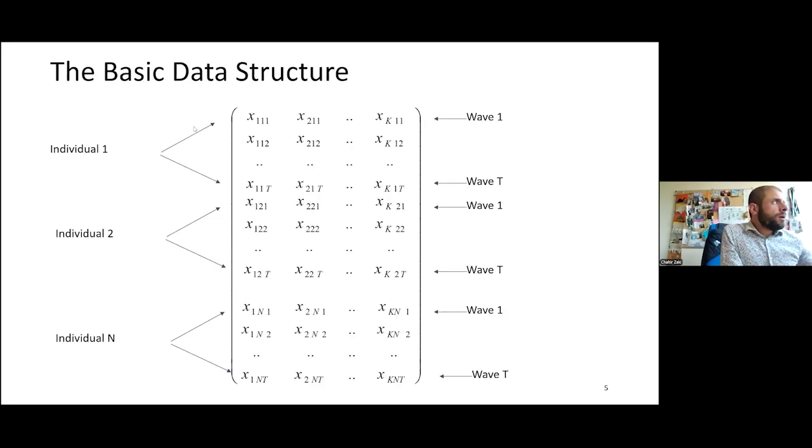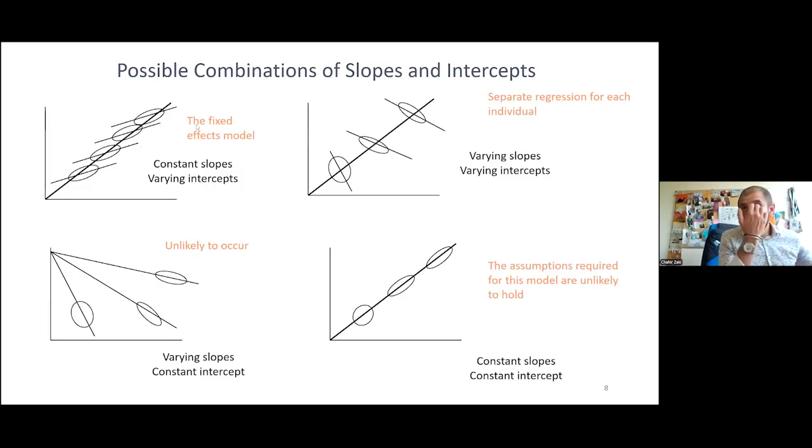And that's why if we look at the different combinations of slopes and intercepts, we will see that here in this case, this is the classical case where we have constant slope and constant intercept, in the sense that all individuals have the same intercept, so that does not depend on the value of the different variables, and they have also the same slope, in the sense that the effect of the variable on the dependent variable is identical for everyone.